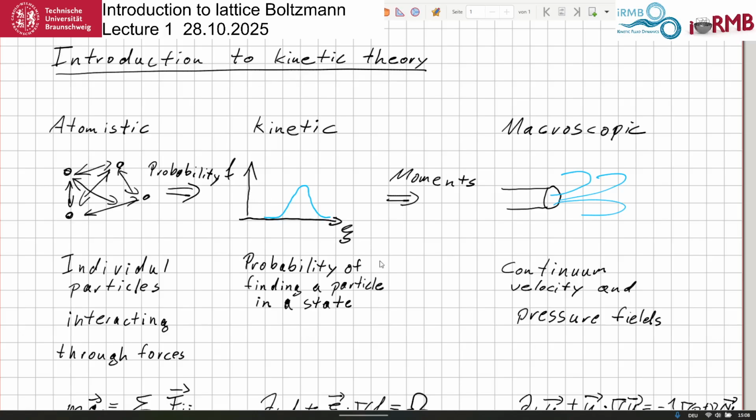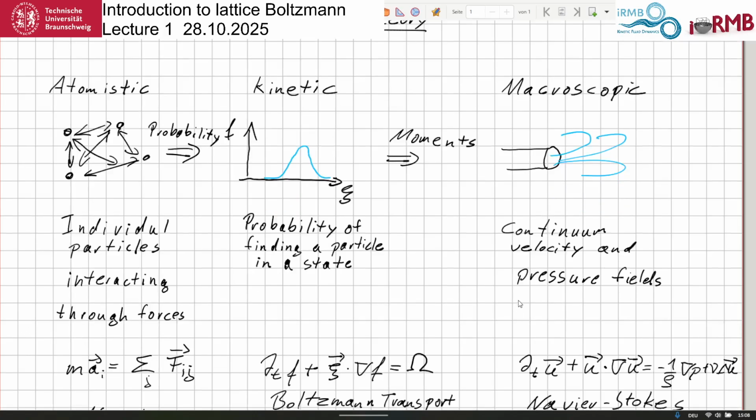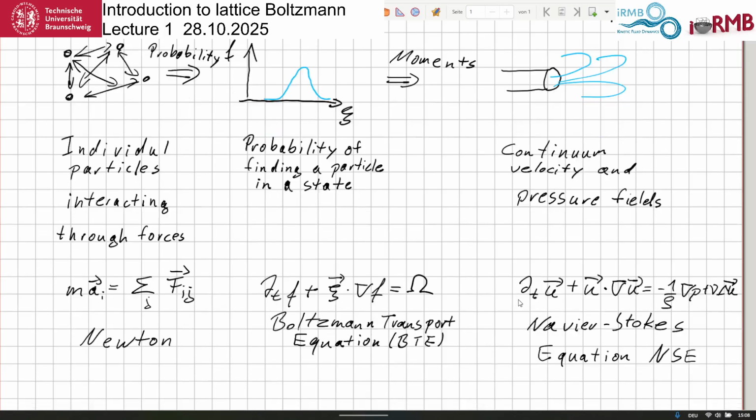This is the kinetic description, and then you can do statistics on this and take so-called moments. This is something we'll talk about a lot in this lecture series. For these moments, you can actually write differential equations. So this leads us to three different types of equations that we can solve.